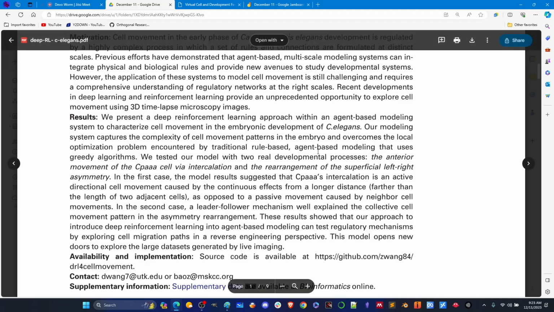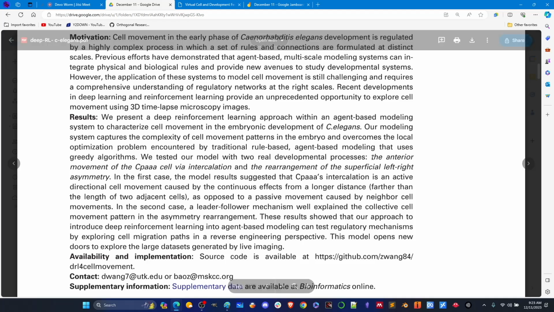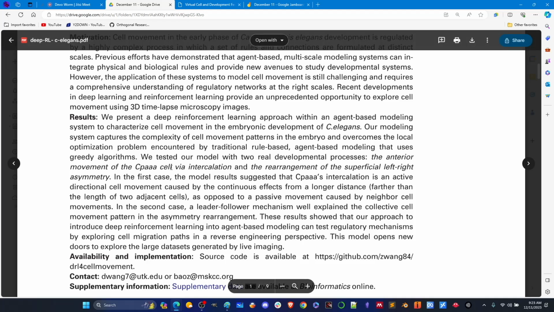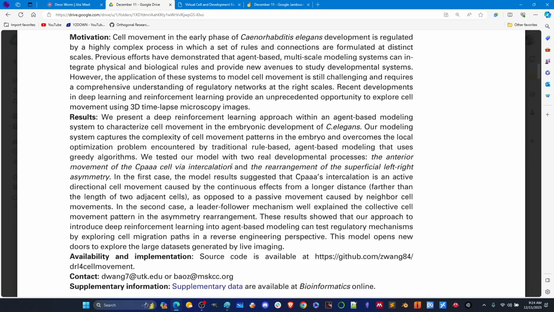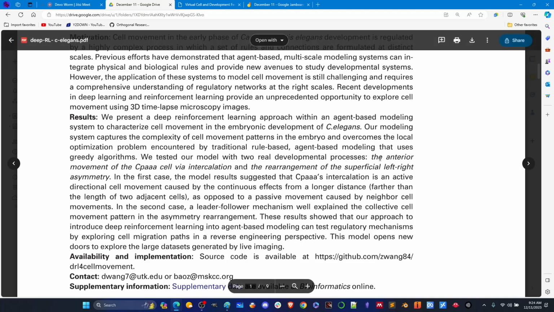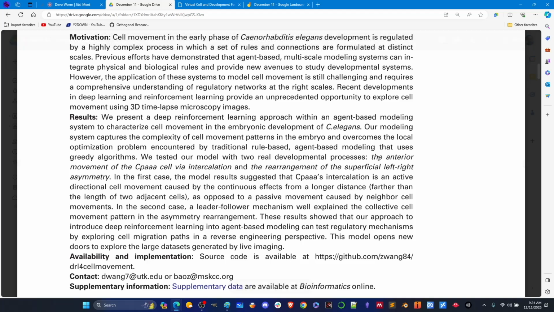But basically, this cell is moving anteriorly by intercalation, which means it's moving in between other cells, and the rearrangement of the superficial left-right asymmetry. So there's this superficial left-right asymmetry that gets rearranged as the cell is migrating, and so they look at that.